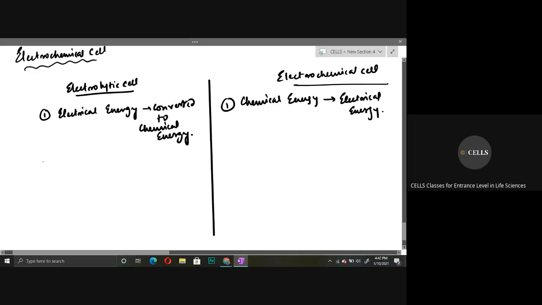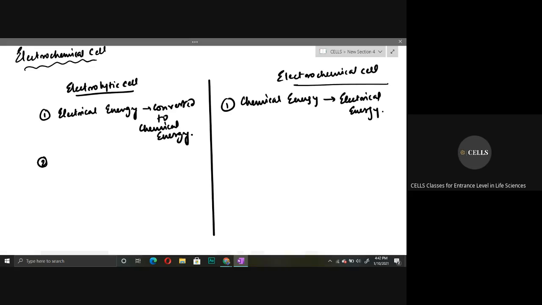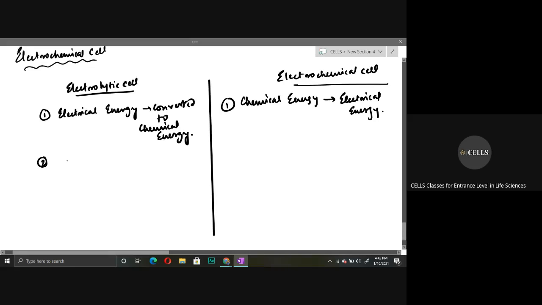Second point, in the electrolytic cells, which I have mentioned in the previous part, the cathode was a negative electrode and the anode is a positive electrode.